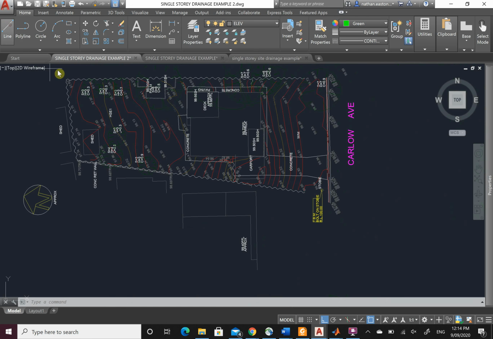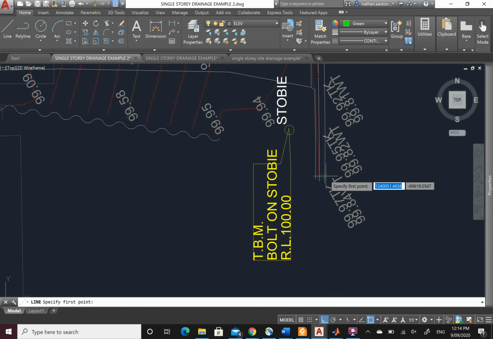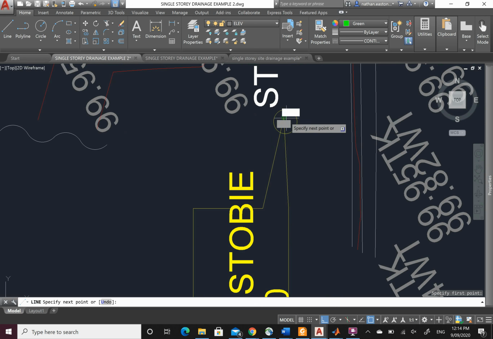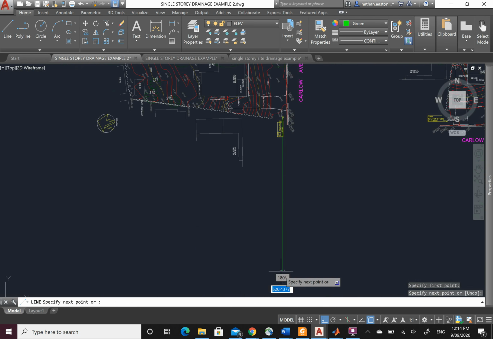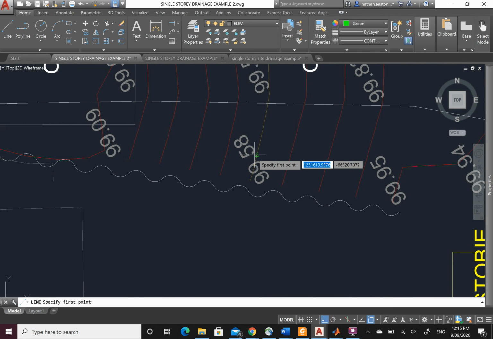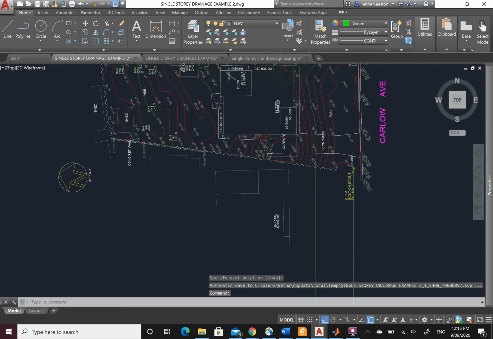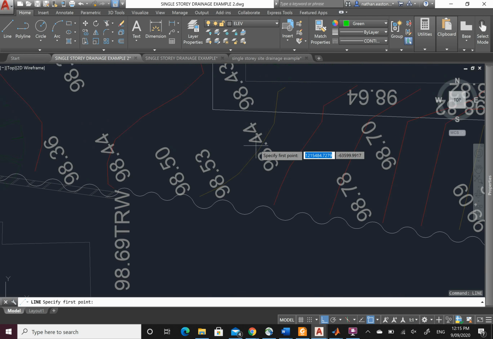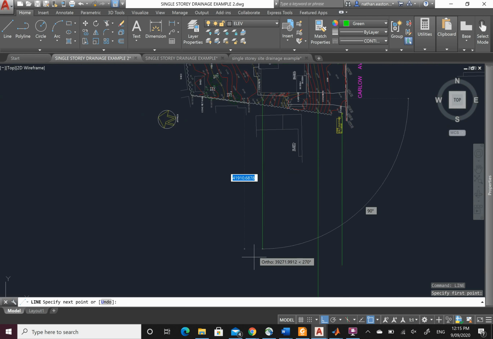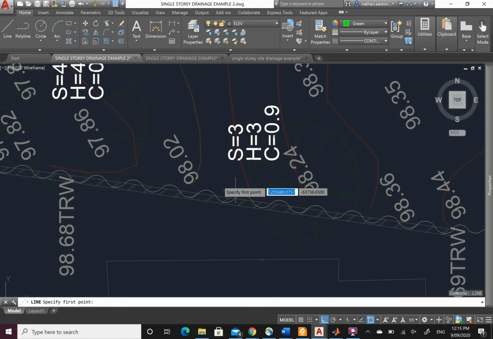So back here, so we can see the levels, let's take the Stobie pole to start off with. I'm just going to take a cross section of the land so we can see what's happening. So let's take a few points here. Let's take this one. Let's take this one. The more points we take, the more of an idea we can get without such sharp slopes in it.